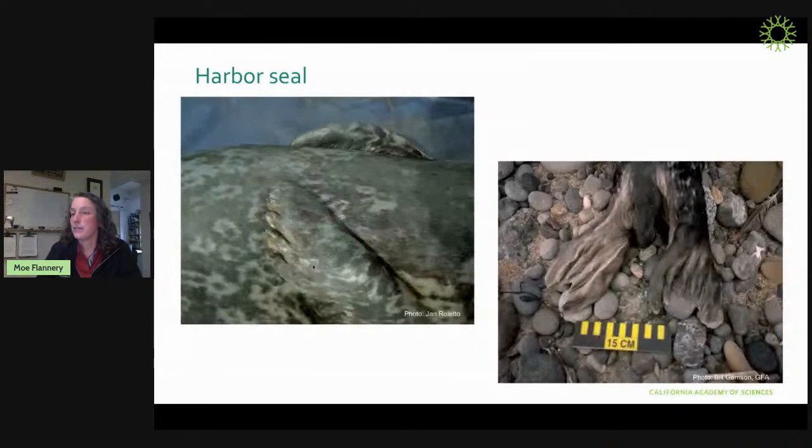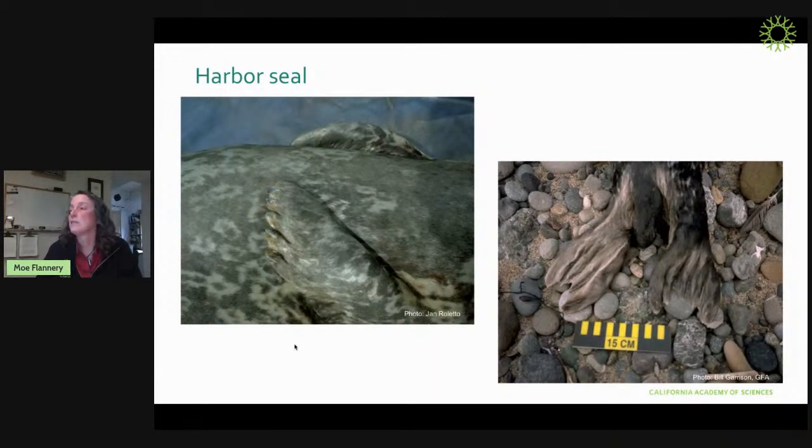Here's a closer view of that short paddle-like flipper in the front and the V shape of those hind flippers. Remember, the otariid toes were all kind of one length at the end, so it went straight across, and you can really see the difference in the digits.